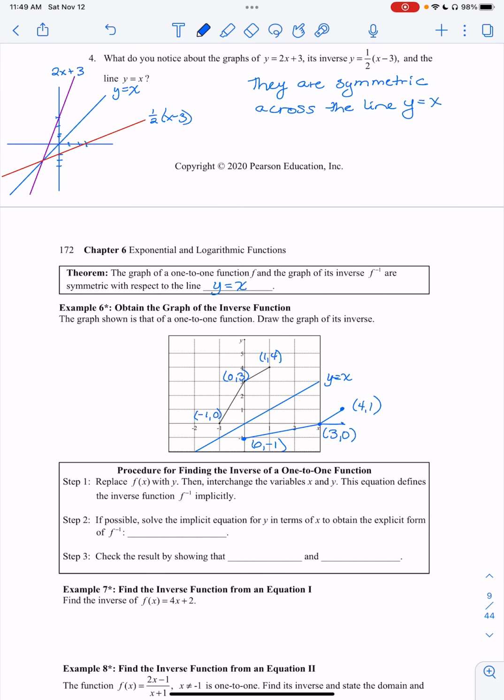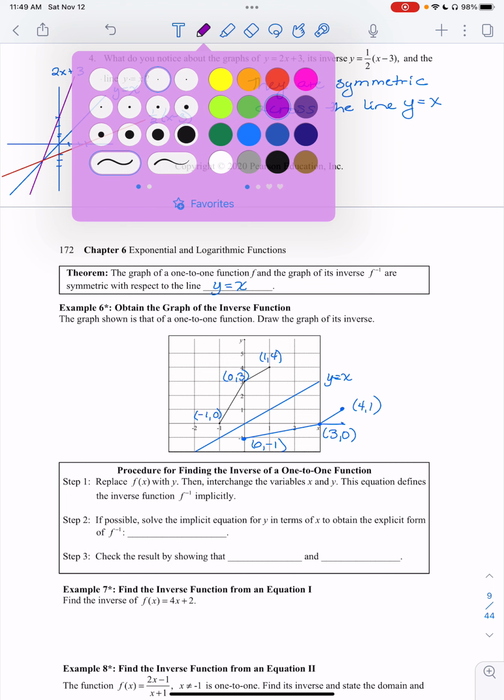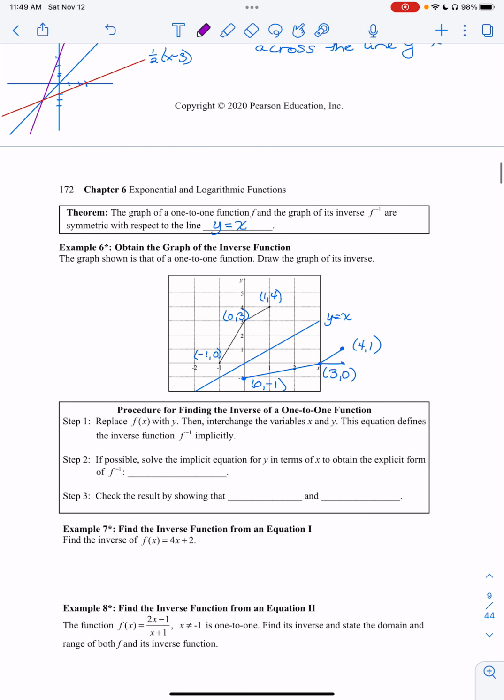The procedure for finding an inverse, let's talk about that because it is important, and this is on the exam. First, we replace f of x with y, and then we interchange the variables x and y. This equation defines the inverse function f inverse implicitly. If possible, solve the implicit function for y in terms of x to obtain the explicit form f inverse.